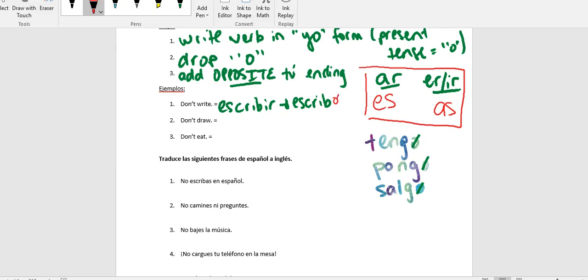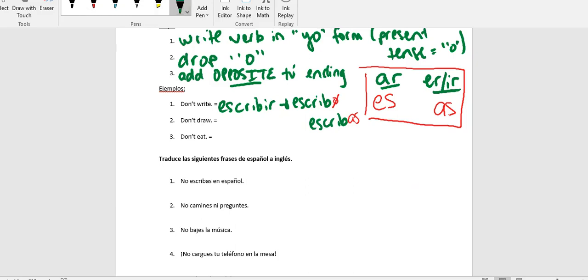We want to drop that, and we're going to add the opposite ending. End up with escribas. Okay? Erase these in this case.